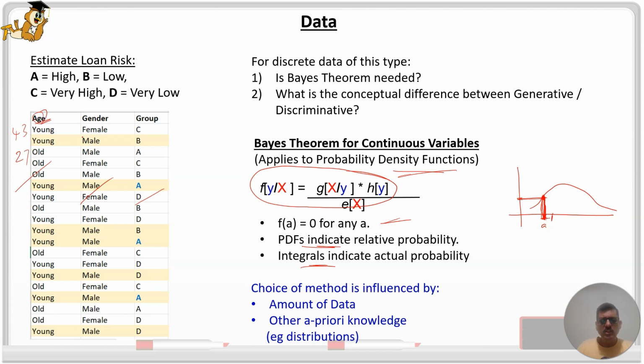Now, I have chosen young and old over here. I have not used continuous variables in this figure, which is what leads to the confusion whether Bayes' theorem is required at all. But when you are dealing with continuous variables and you realize that your training data is finite, things change. So for age, which is a continuous variable, you are only going to capture the age for specific values of age.